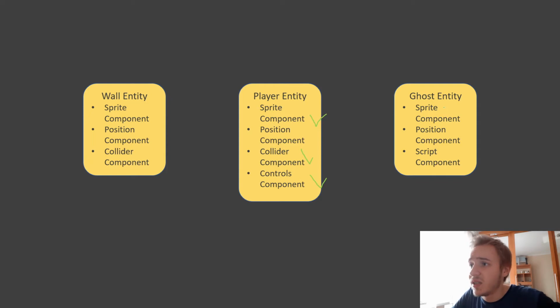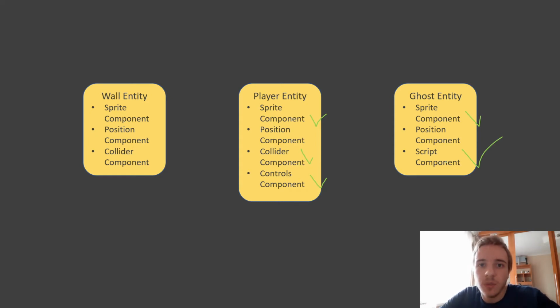And a ghost entity now, it is visible and it's not solid, so it doesn't have a collider component, but it has a script component, AI. So it's a non-player character which is powered by a script and AI. And an ogre might have a sprite component, position component, collider component, and a script component. So it's flexible that way. That's why we might want to use ECS.